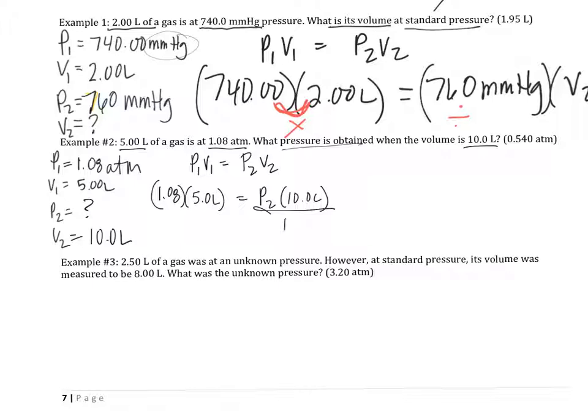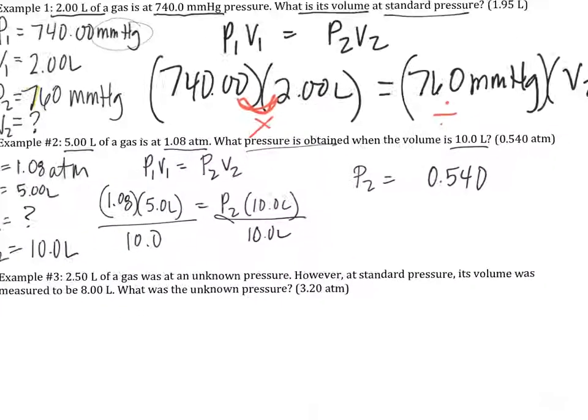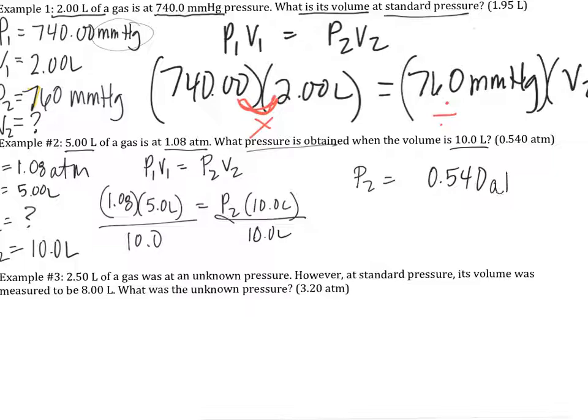I'm going to divide this side by 10 liters, divide this side by 10 liters, and my P2 is going to equal 1.088 times 5 divided by 10. And my new pressure is 0.544, because we need 3 sig figs. Since I started in ATM, I'm going to end in ATM.